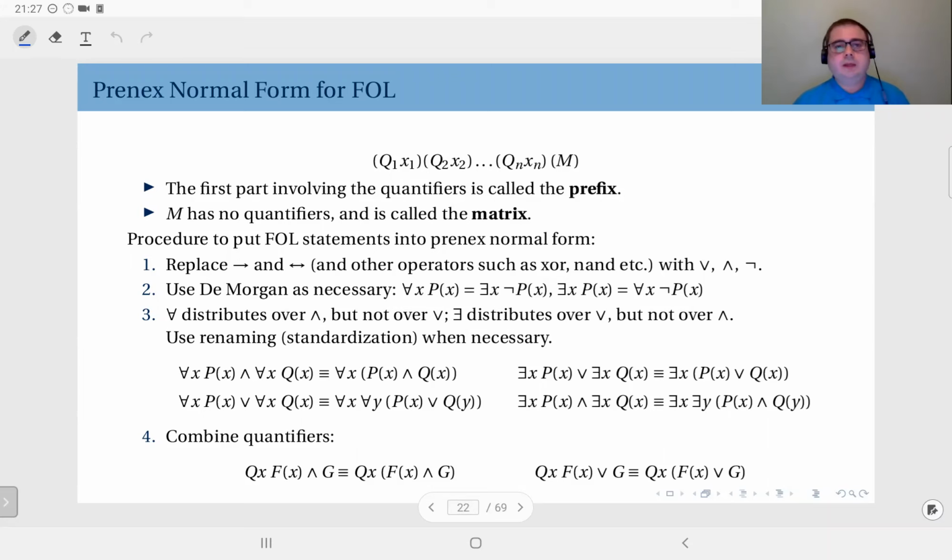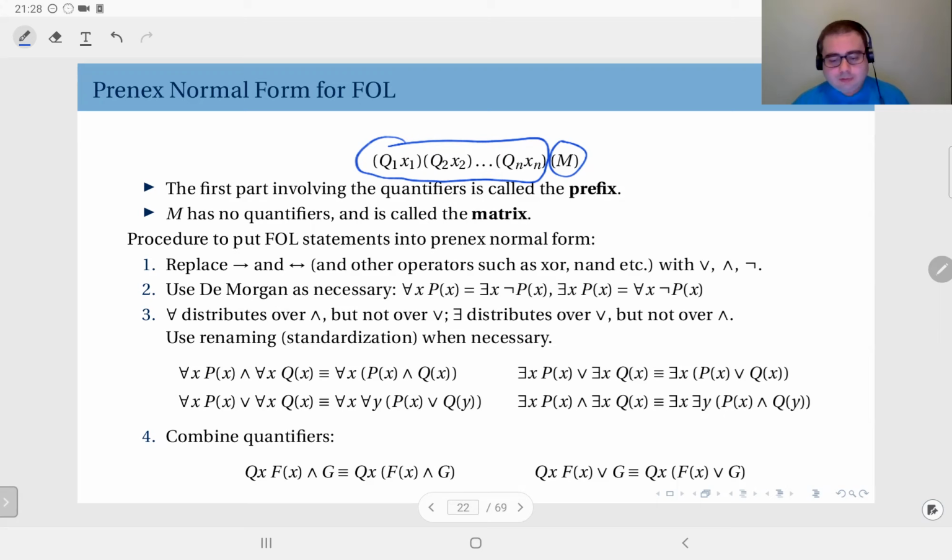First of all, what does Prenex normal form look like? The Prenex normal form for a first order logic statement involves quantified statements at the beginning, and finally it has a part where you do not see any quantifier.